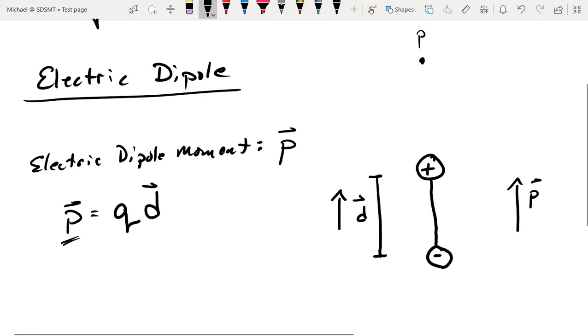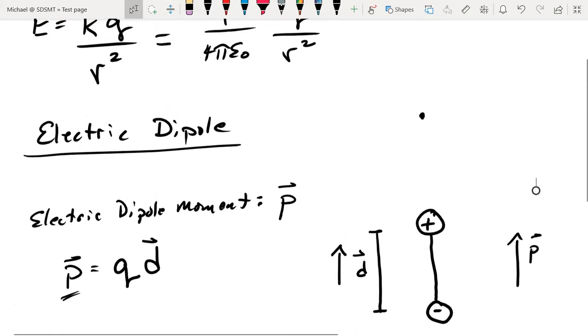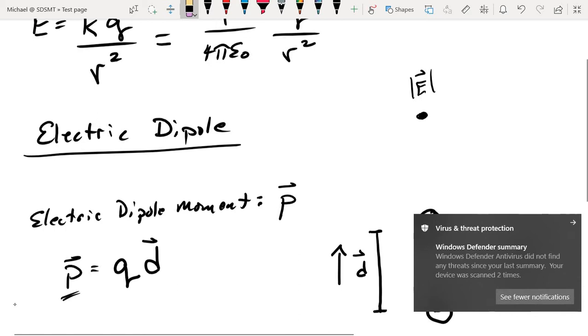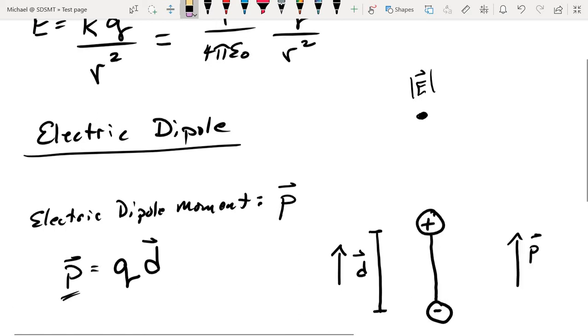Now I'm already using P to designate the point out in space where I want to measure things. So let's get rid of that, and we can just put E up here since we want to know what the electric field magnitude is at that point. And I don't really need the dipole moment vector in my diagram just yet.